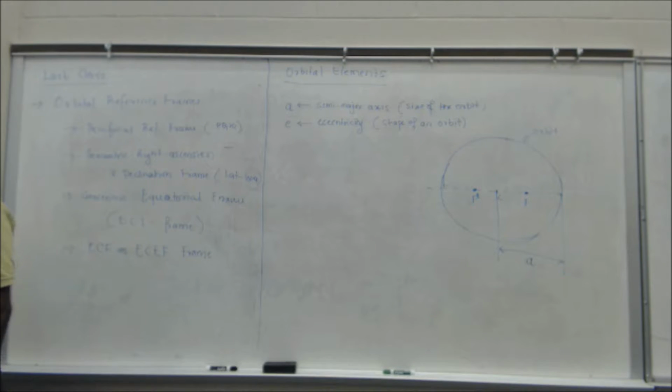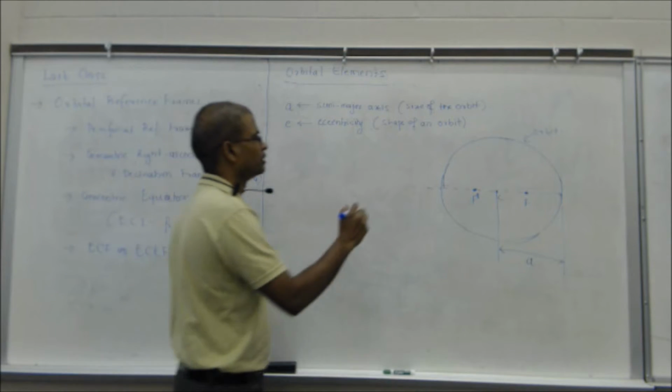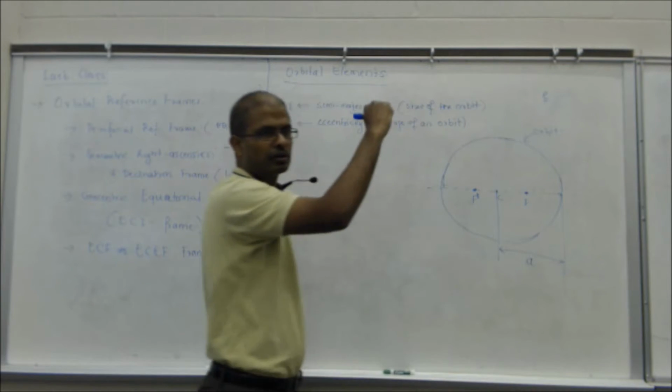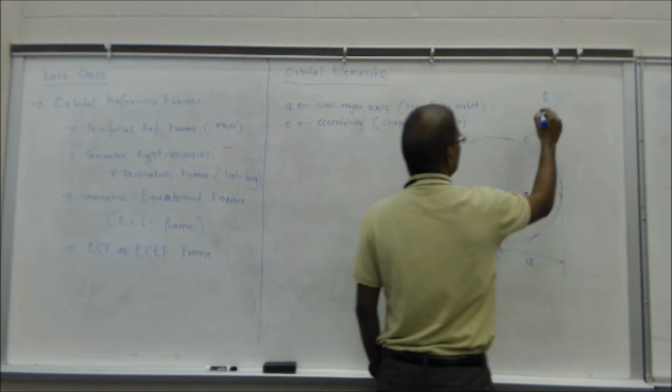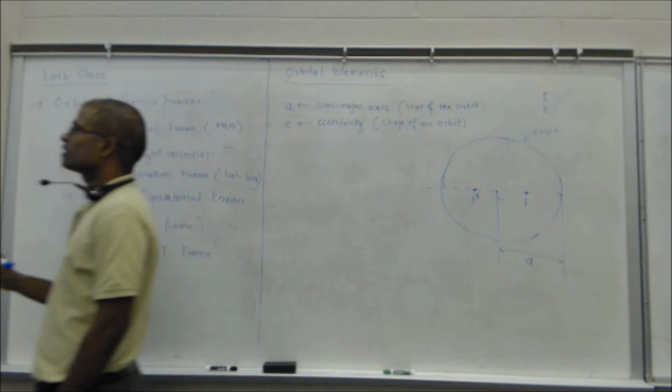And typically this E is the vector E. Okay? Here, when we define our vectors, we use this notation, right? In here, this is the notation being used, okay? So this is an eccentricity vector.